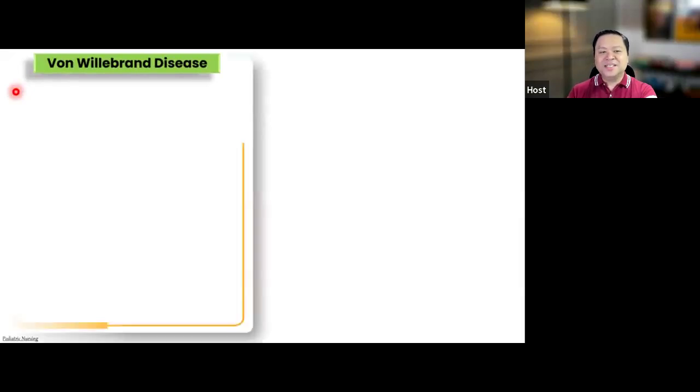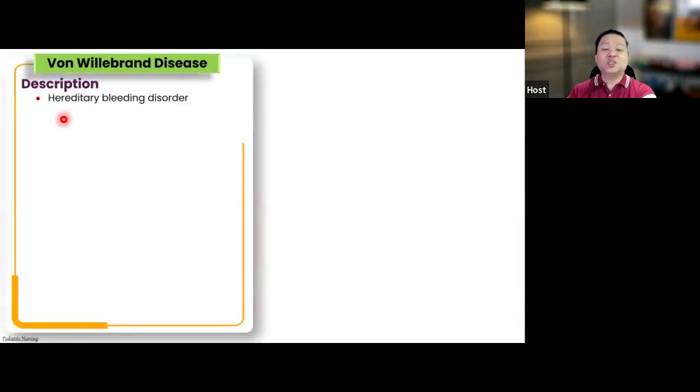Now, this is a hereditary bleeding disorder that is characterized by a deficiency in the VWF factor. Okay, so here there is a lack, or a deficiency, in the VWF factor. So this is not a clotting factor, however, this is a protein that is going to help out in the coagulation.